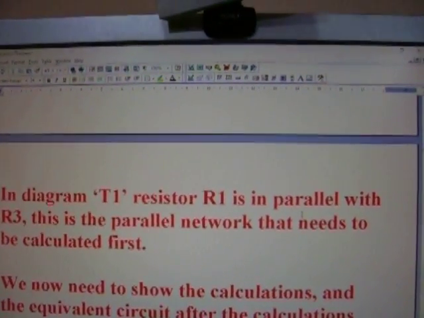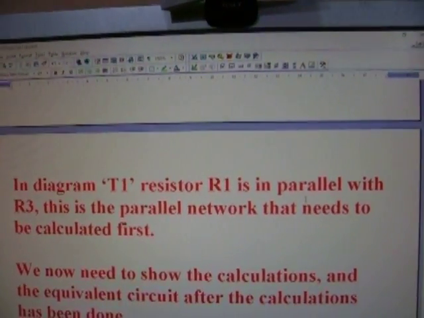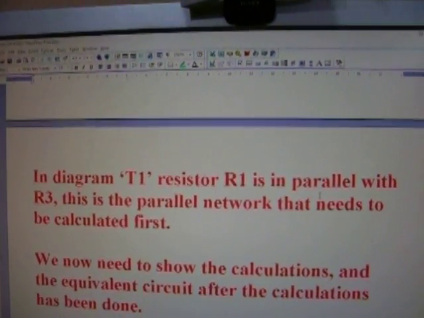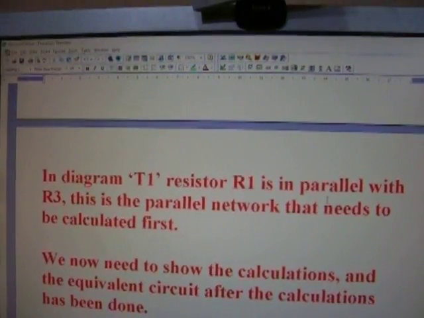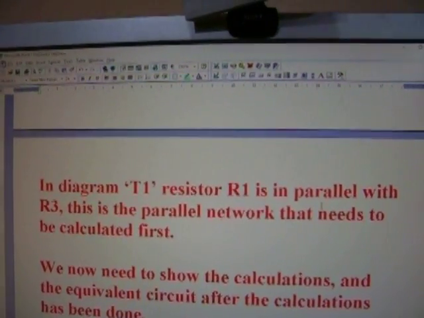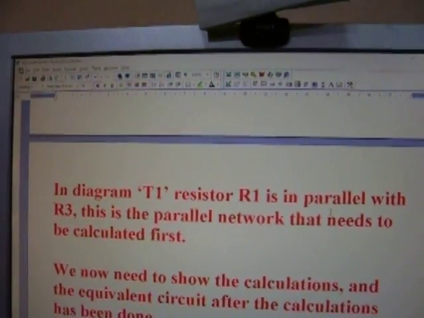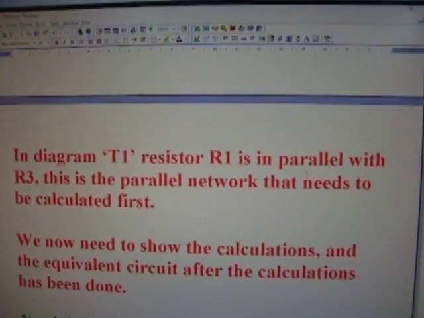Now in diagram T1, resistor R1 is in parallel with resistor R3. This is the parallel network that needs to be calculated first. Okay?